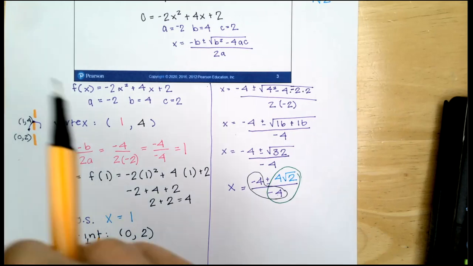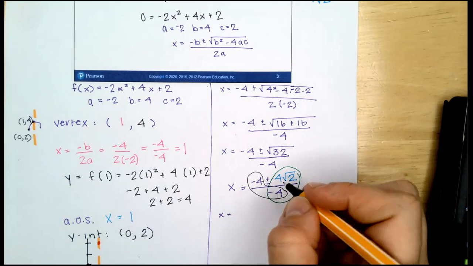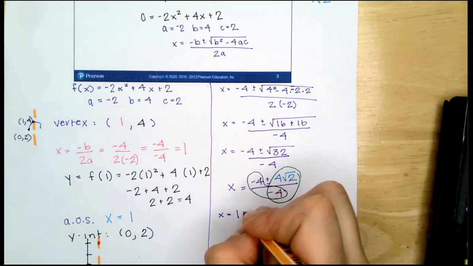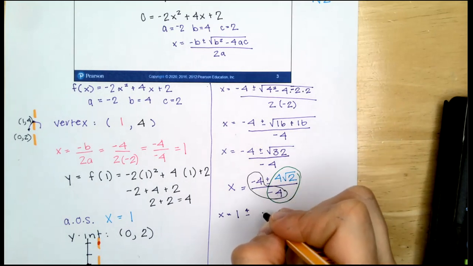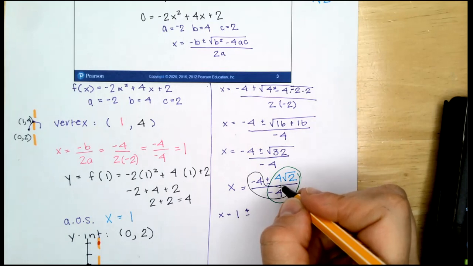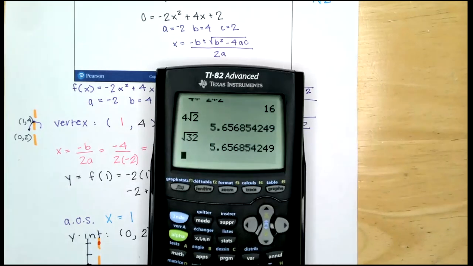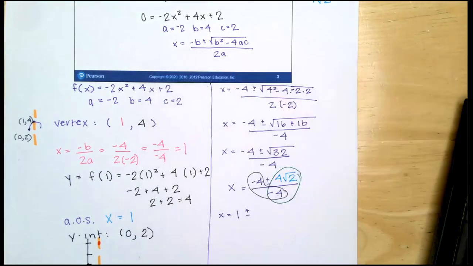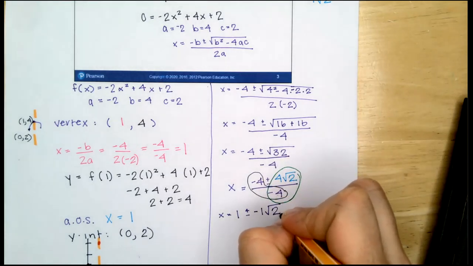I know this is a while ago, but -4 divided by -4 is just a +1, plus or minus. 4 divided by -4 is going to be a -1. Okay, 4 divided by -4 is a -1. -1 square root 2.